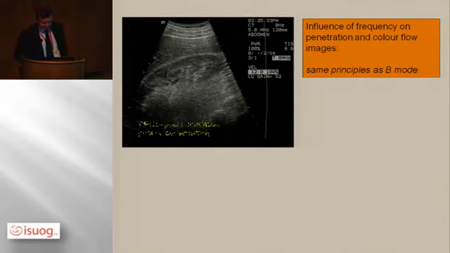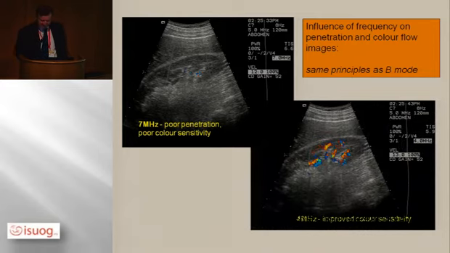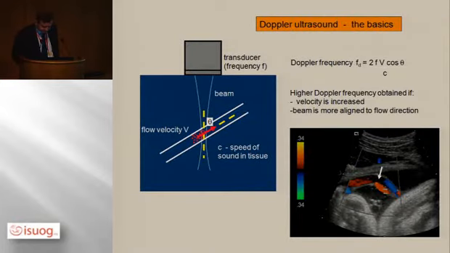So, for instance, if we look at this image, this is a 7 megahertz probe. We've got relatively poor penetration on a kidney here, poor color sensitivity. Exactly the same kidney at 4 megahertz. So changing the probe or changing the probe frequency improves your color sensitivity very significantly there.